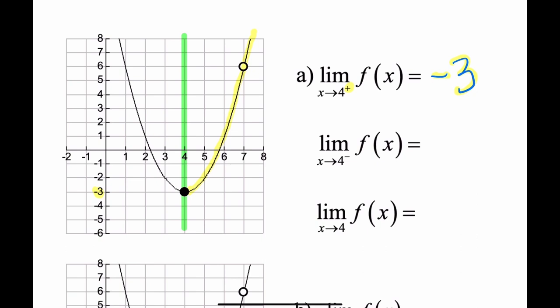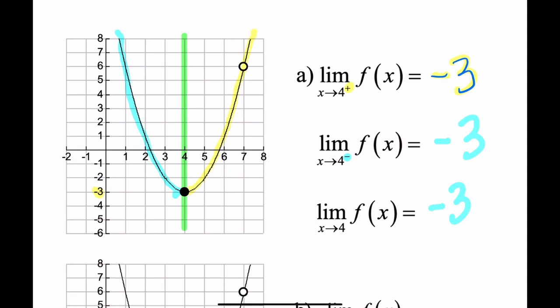Now, let's go ahead and trace this function. We're going to be observing it from the left now. And as I trace from the left, I also end up at the same y value of negative 3. So because the left and the right side match, I know that the limit of f of x as x approaches 4 is negative 3.